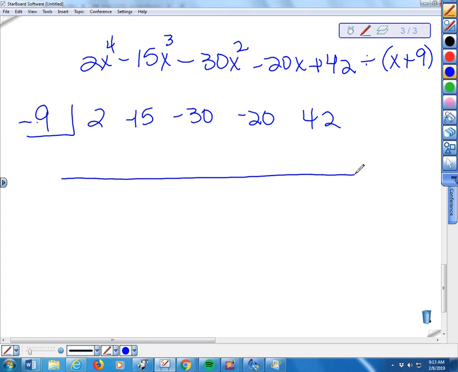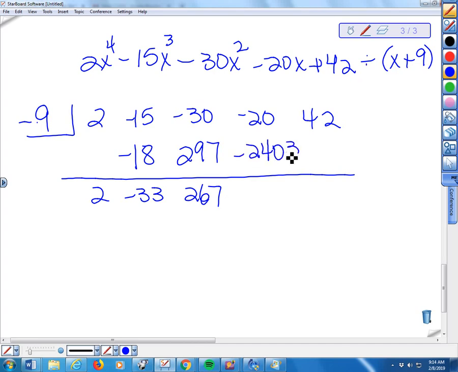Bring 2 down to start. 2 times negative 9, negative 18, which becomes negative 33. 33 times 9, 297. Positive. And minus 30, I should know that one, 267, times negative 9, 2403.